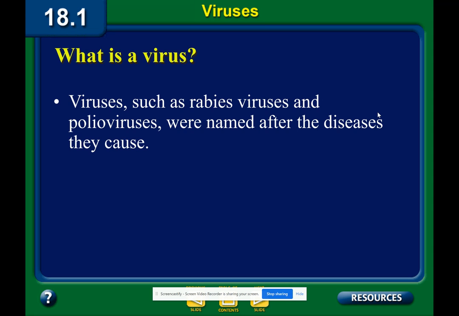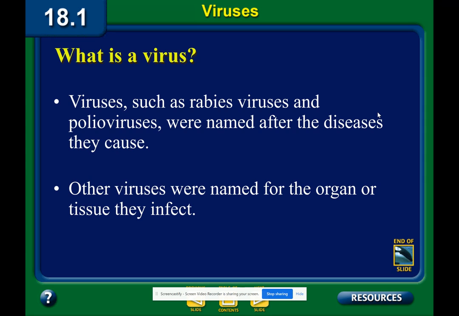So how do we name these things? Well, sometimes they're named after the diseases that they cause, such as the rabies virus or the polio virus. They cause rabies, they cause polio. Sometimes they are named for the organ or tissue they infect. For example, maybe we talked about this in class at one point, something called the rhinovirus, right?